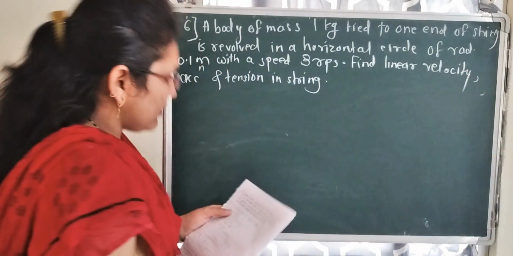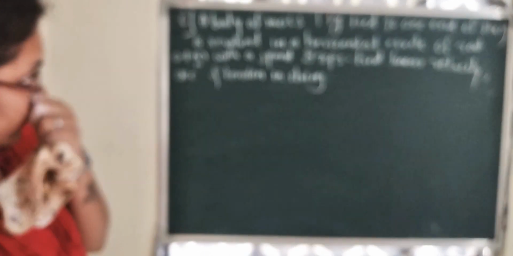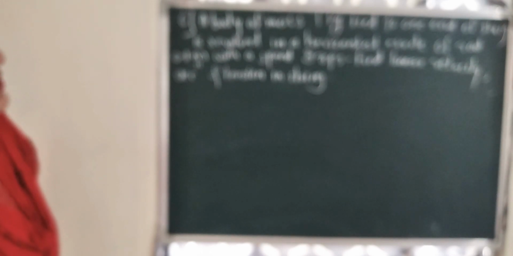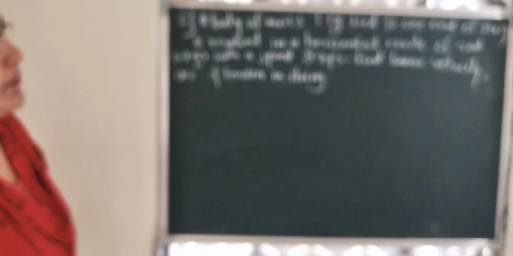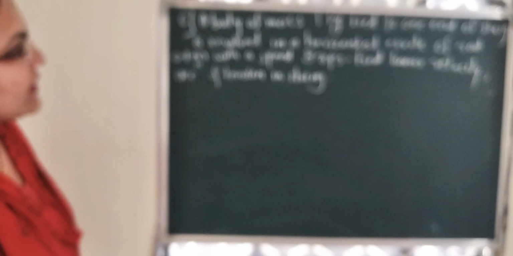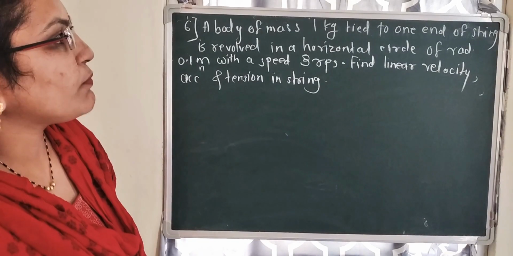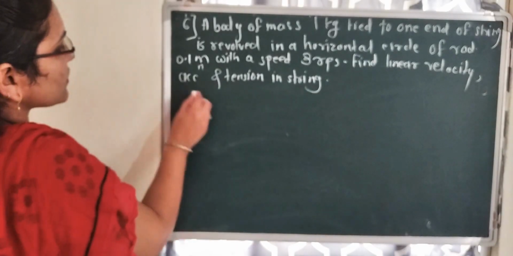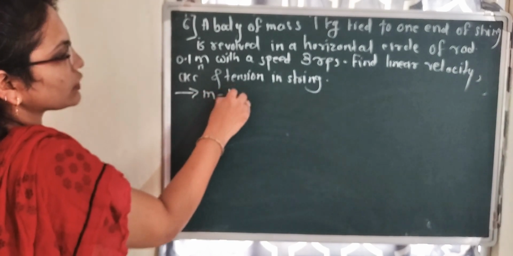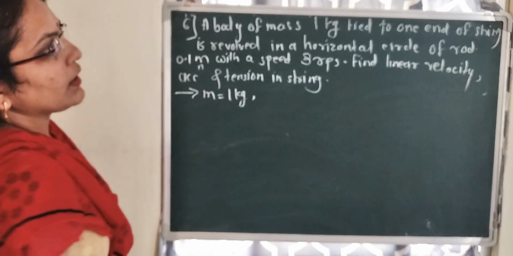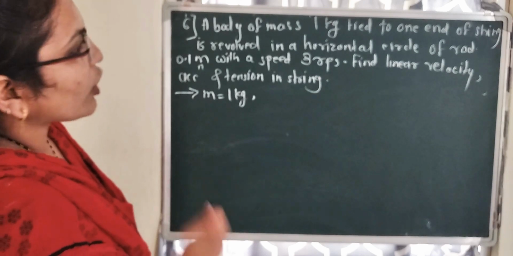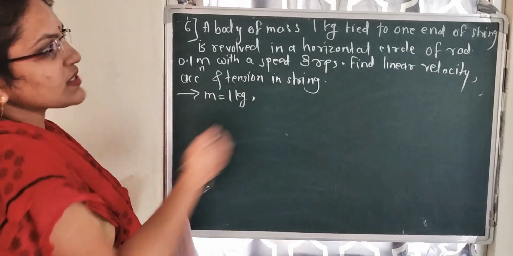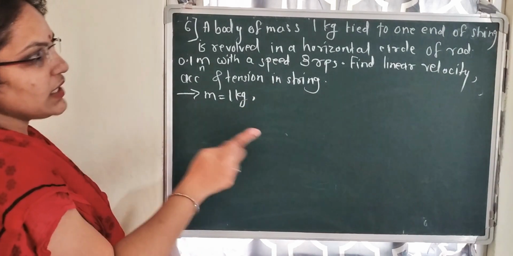Okay, here what is given? A body of mass 1 kg tied to one end of a string is revolved in a horizontal circle of radius 0.1 meter with a speed of 3 rps. Mass of the body is 1 kg, so we can write m is equal to 1 kg. Then it is tied to a string and revolved in a horizontal circle.